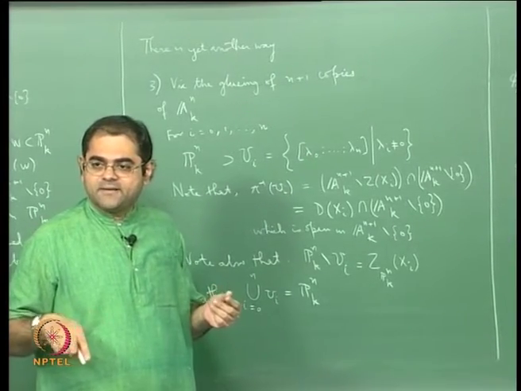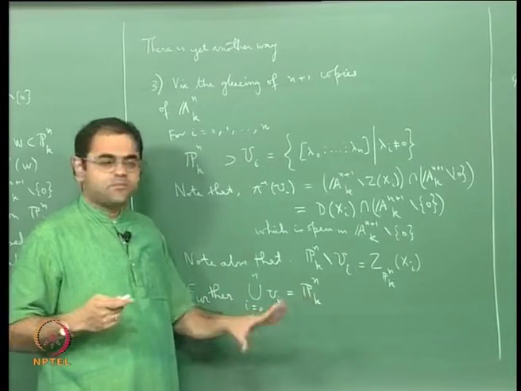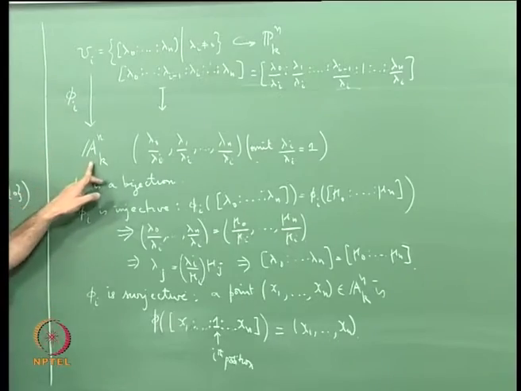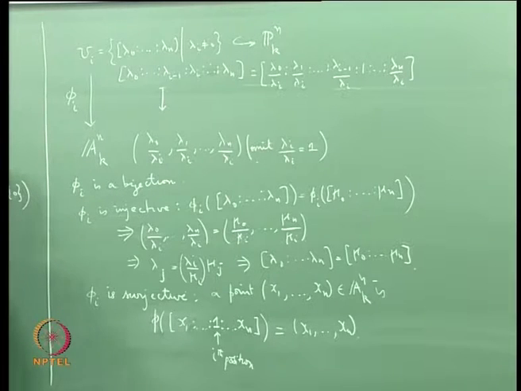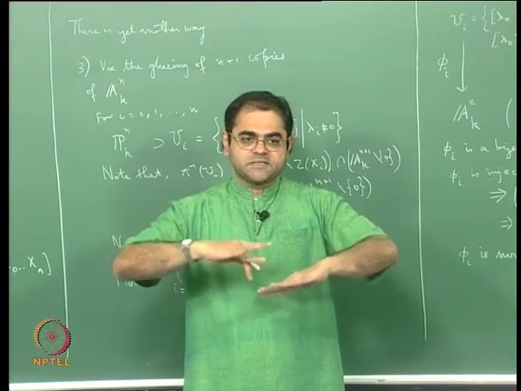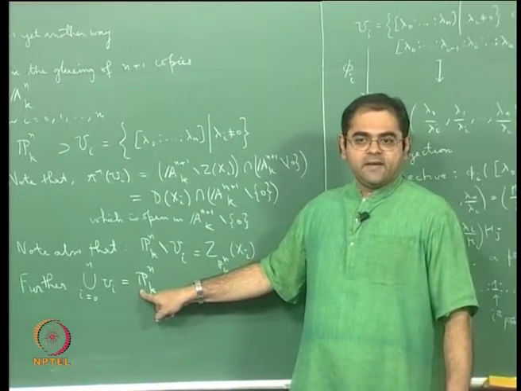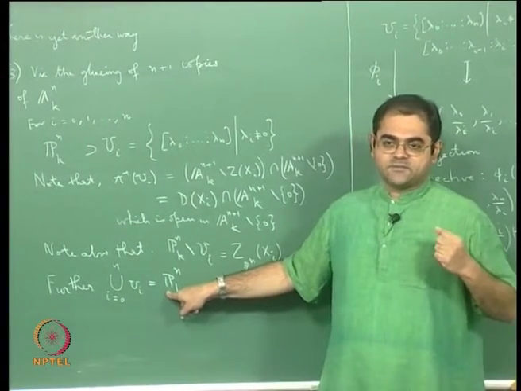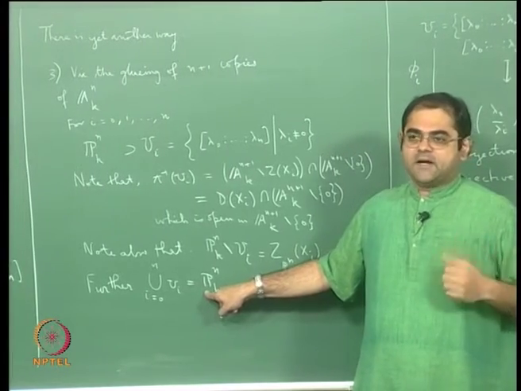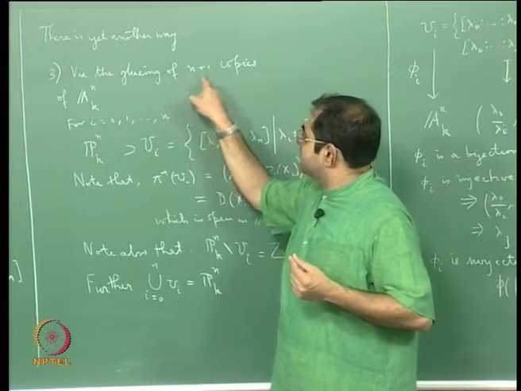Therefore you will get all these topologies on each UI which are transported via the phi. Each of these topological spaces UI will glue well on the intersections UI intersection UJ to give a unique topology on Pn. That is yet another topology on the projective space, which comes via the gluing of n+1 copies of affine space.